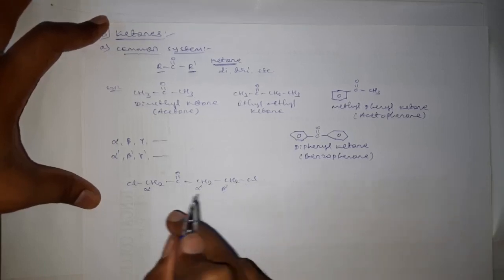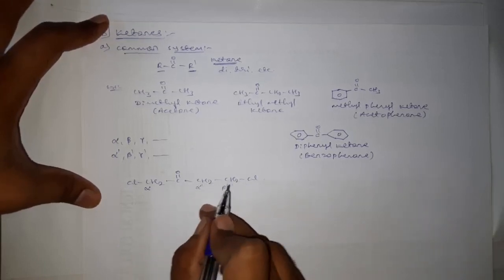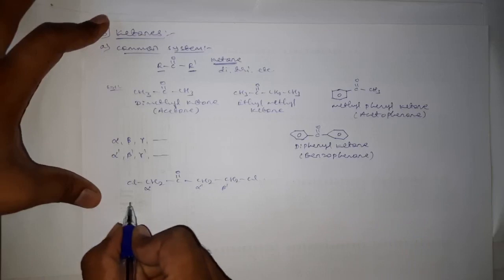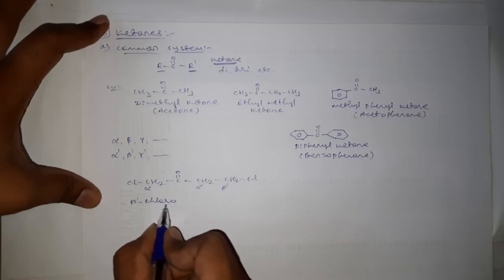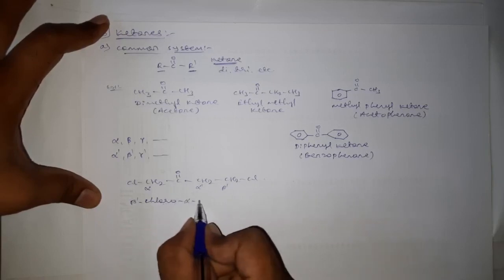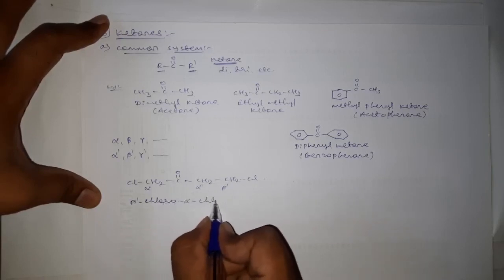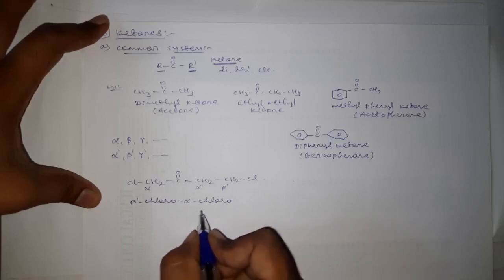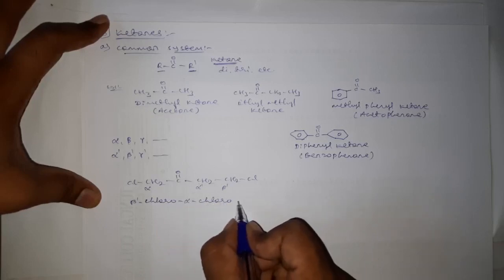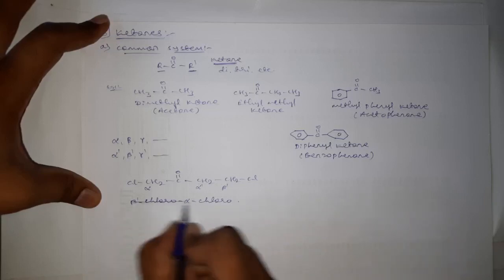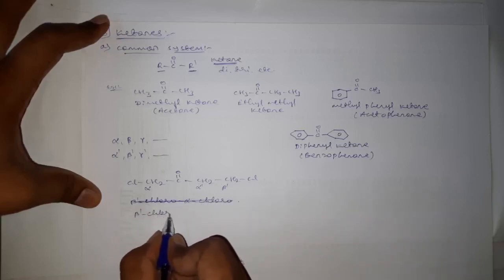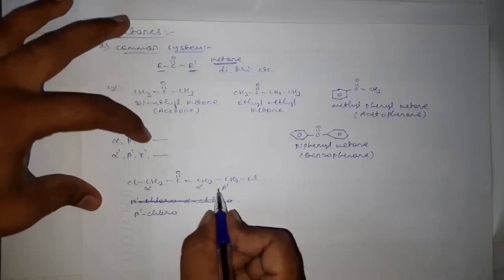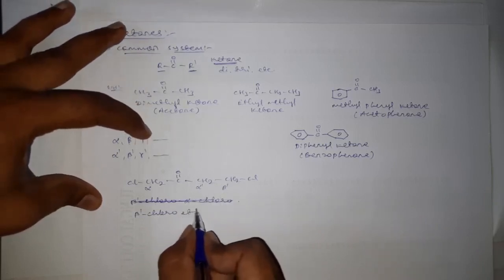Okay, and the common name for this compound is, sorry, the common name is what? Beta dash chloroethyl, correct?